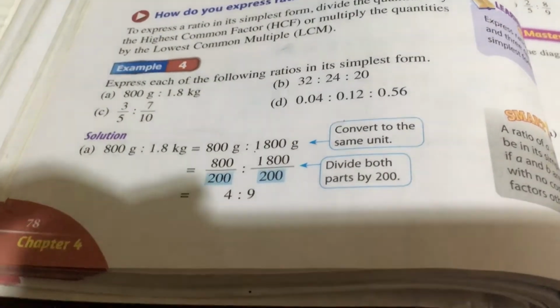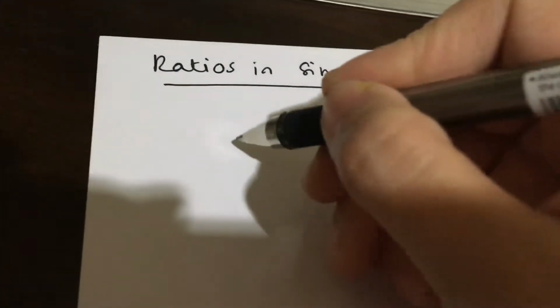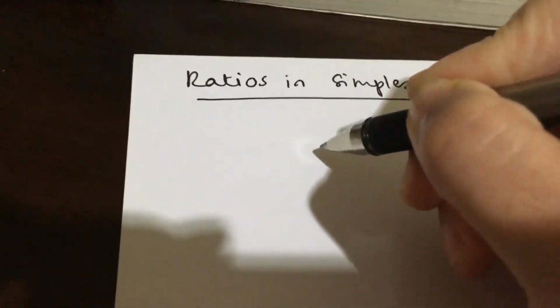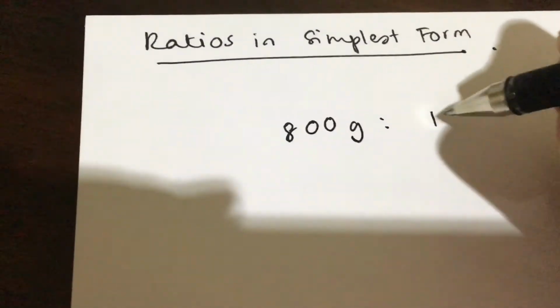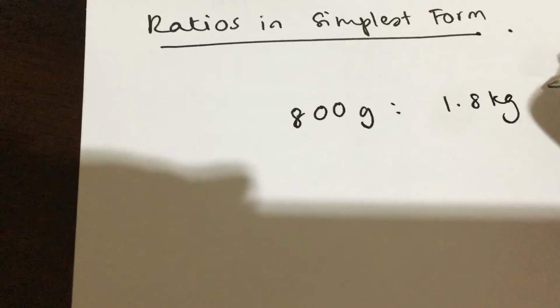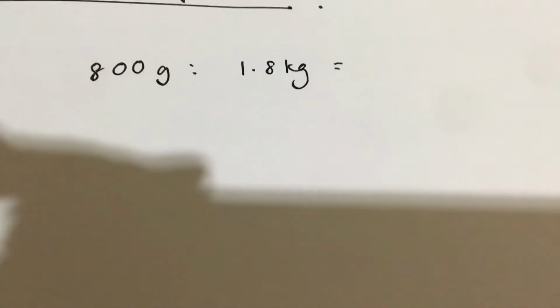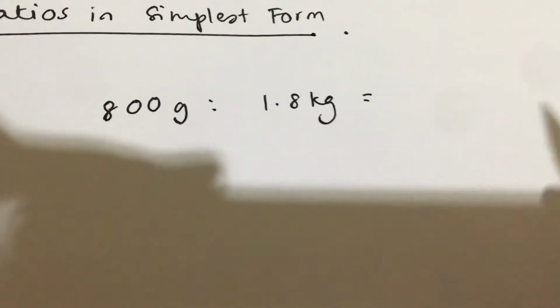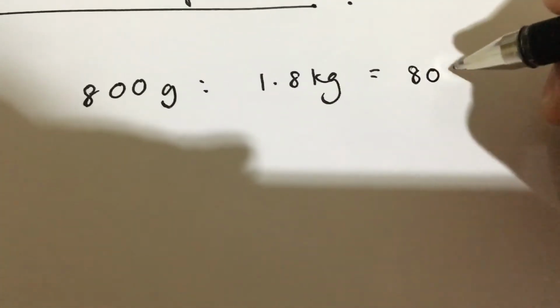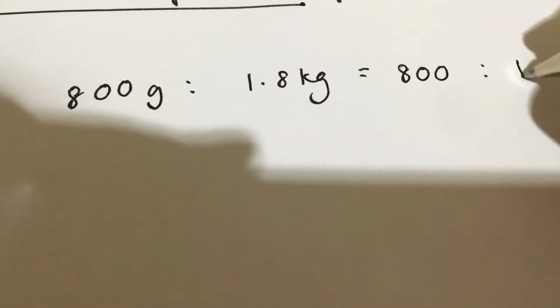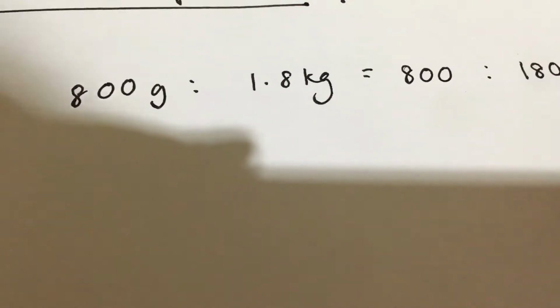Alright, so let's look at example 4. At example 4 you have 800 grams to 1.8 kilograms. So you must change this into the simplest form. You must make sure that the units are the same. So that gives you 800 to 1,800.